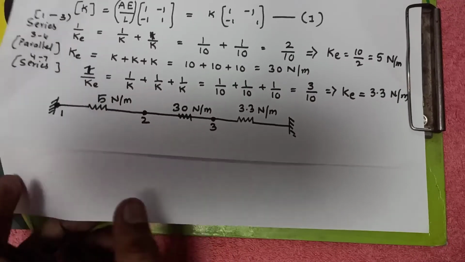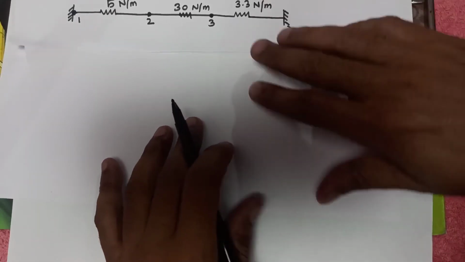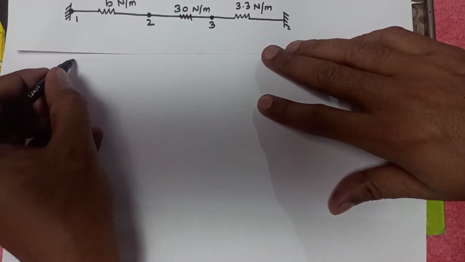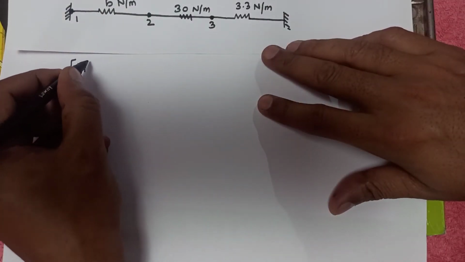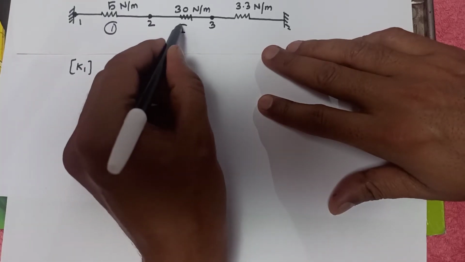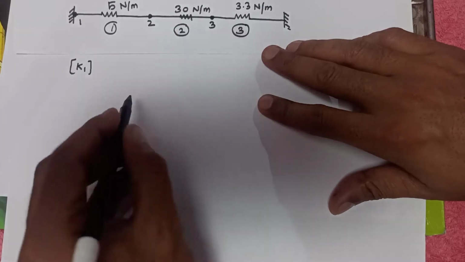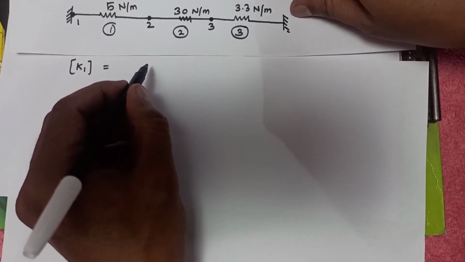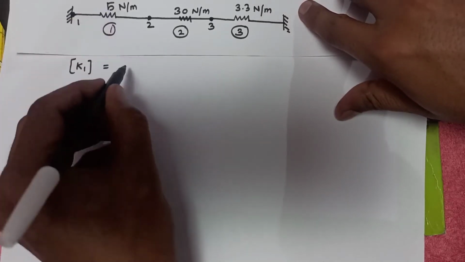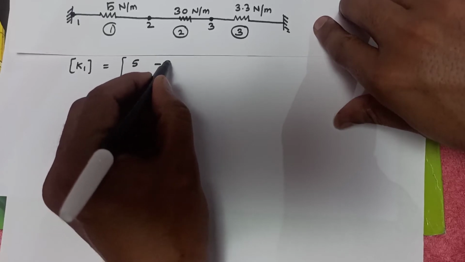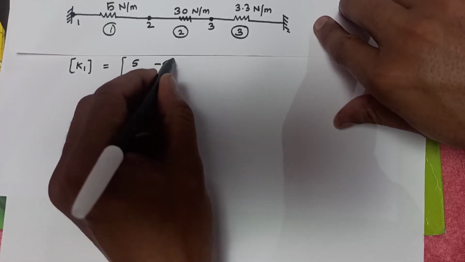Okay, so after that the finite element procedure will continue. Next, as I said, in equation 1 you need to substitute. So we will say now K1 for element 1. This is element 1, 2 and 3. For K1 it will be K, 1, minus 1, minus 1, 1. So what is the value of K? That is 5. So directly I will substitute in the matrix: 5, minus 5, minus 5, 5.